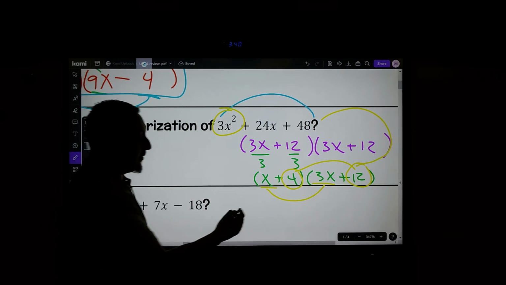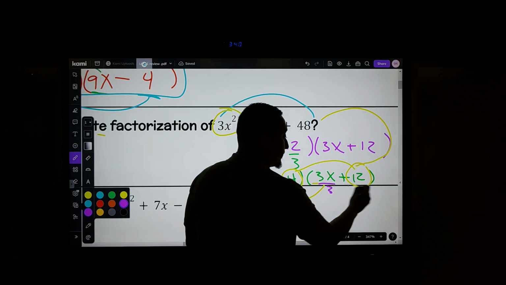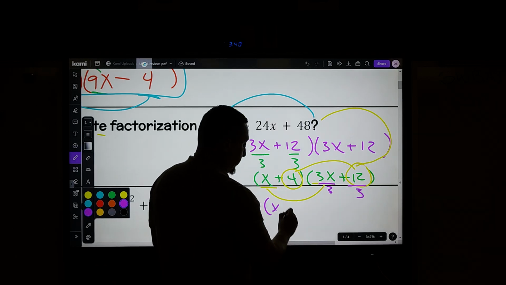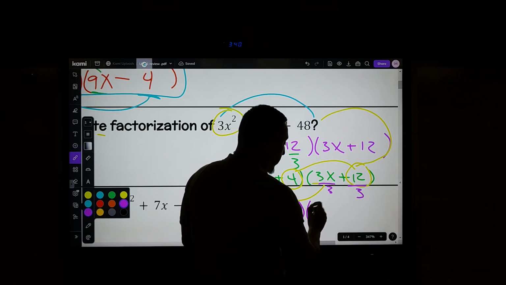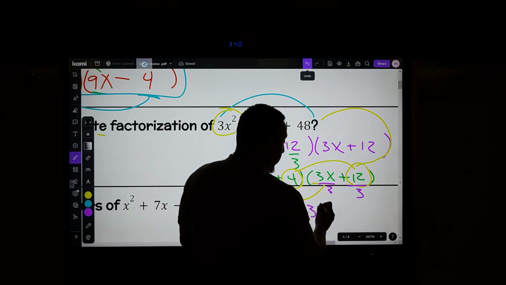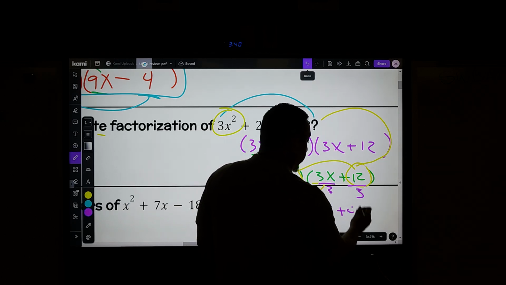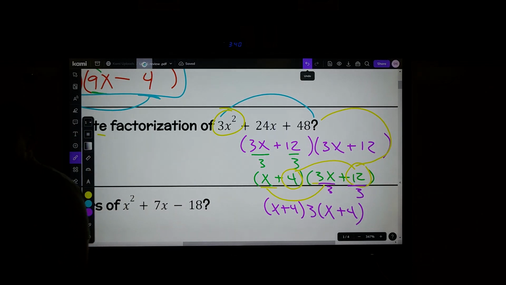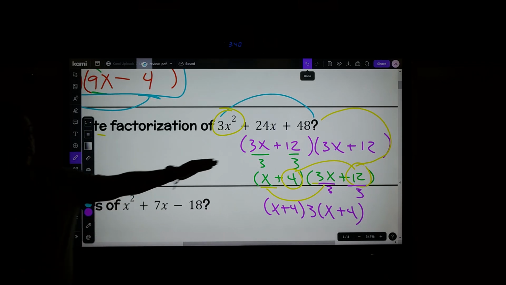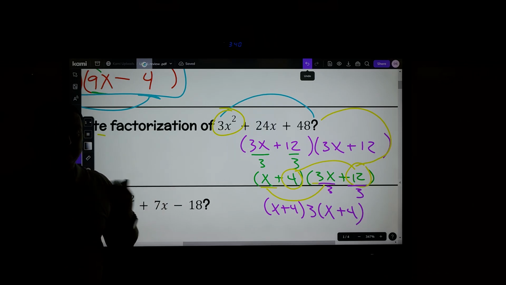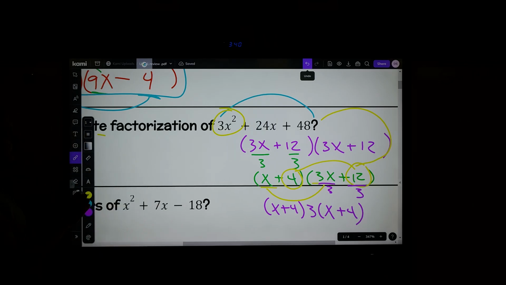So on this one, you can take out a 3 again. But this time, you keep the 3. And that's really confusing, okay? Why do I keep the 3 here, but not here?